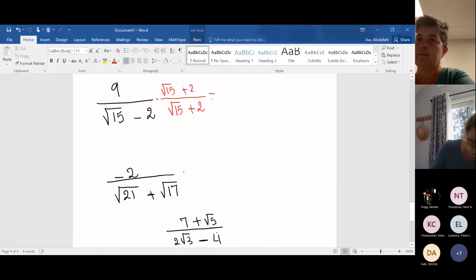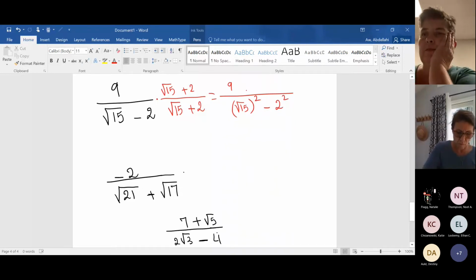And then what is your next step? Then I do the square root of 15 squared minus the square root of 2 squared. Thank you. You see, a squared minus b squared. And at the top, do you leave it like that?